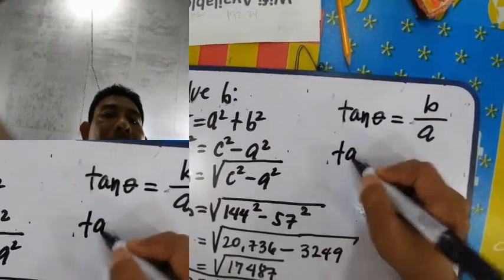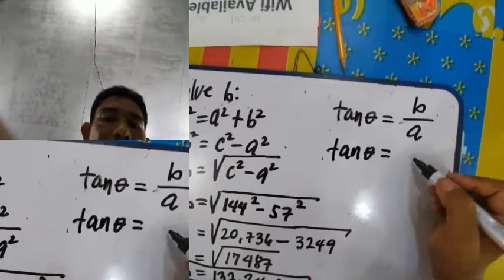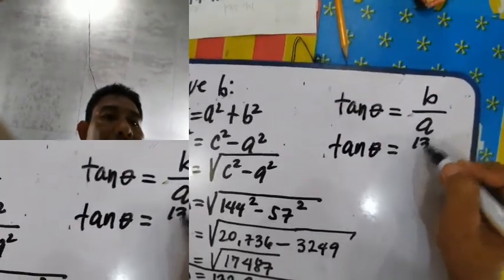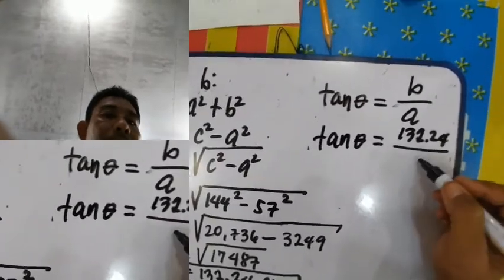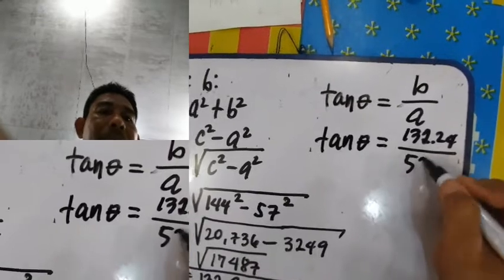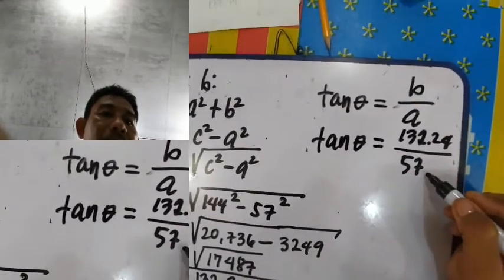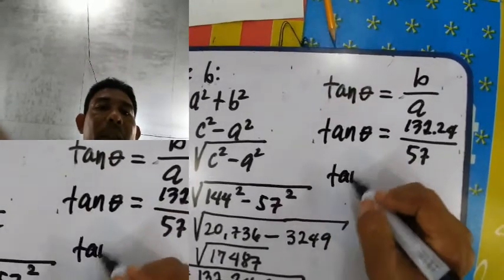So tangent theta is equal to B, which is 132.24, divided by A, which is 57.